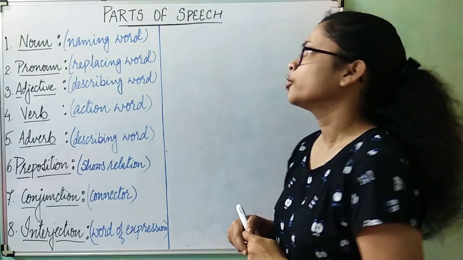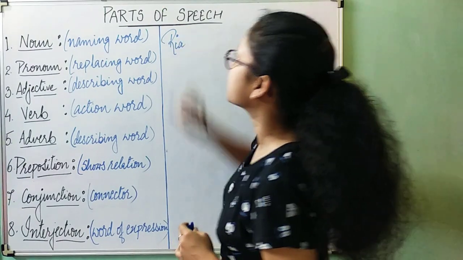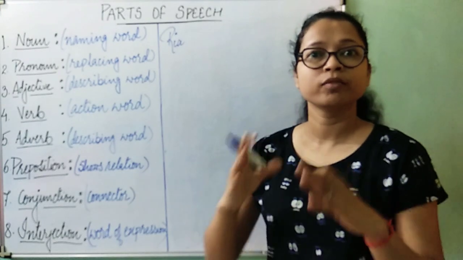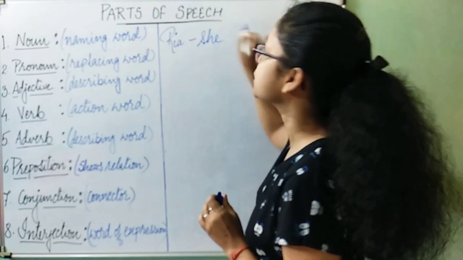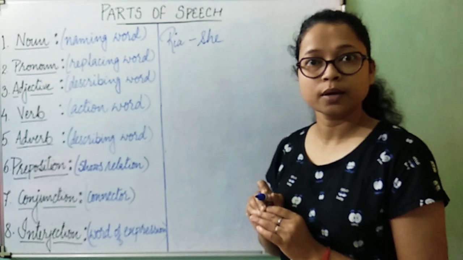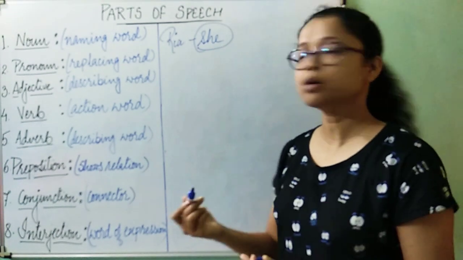Okay, so for example, when you say Ria, Ria is a proper noun, a name given to a person. But instead of Ria, you can use she in a sentence. So she is a pronoun used for a female.